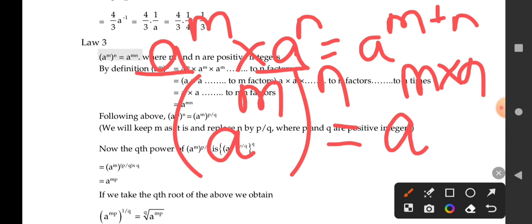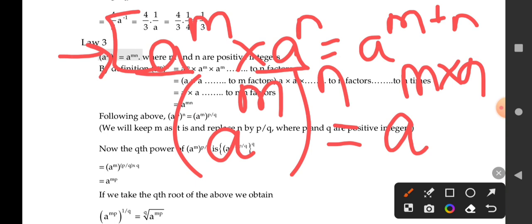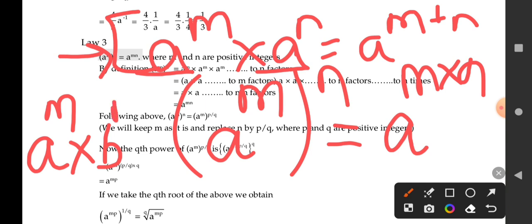So what if there are different bases with the same powers? For example, if we have a raised to m into b raised to m, is there any law for this?